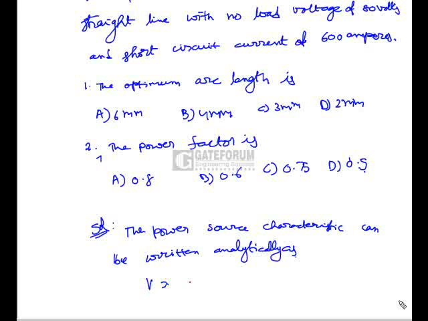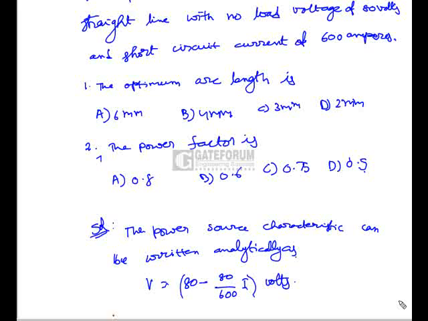V is equal to 80 minus 80 by 600 into I, where V is in volts. Here 80 is the no load voltage, that means the open circuit voltage of 80 volts, and 600 represents the short circuit current of 600 amperes.